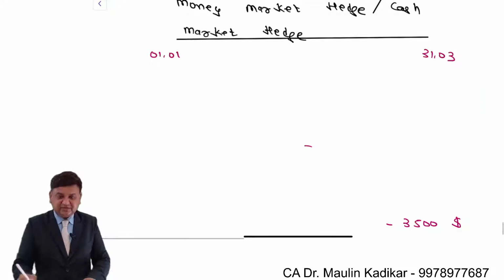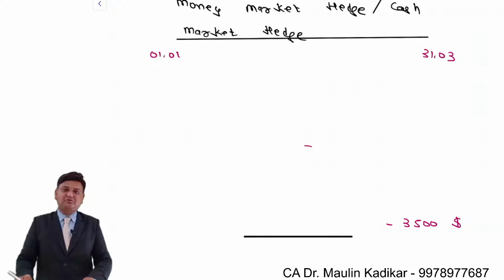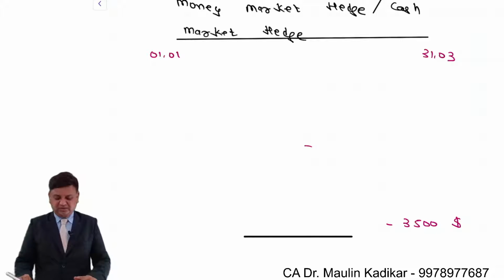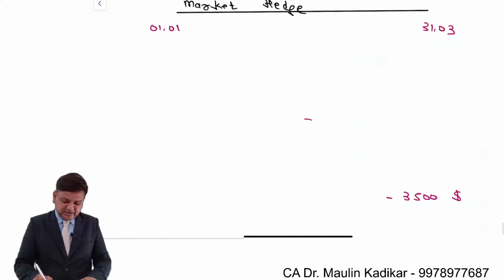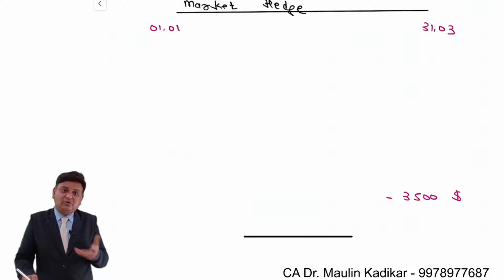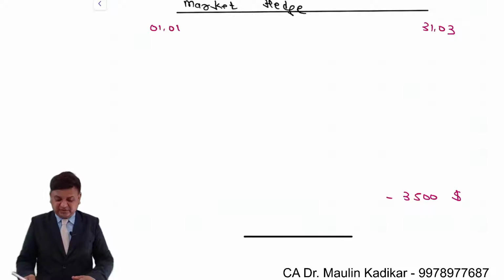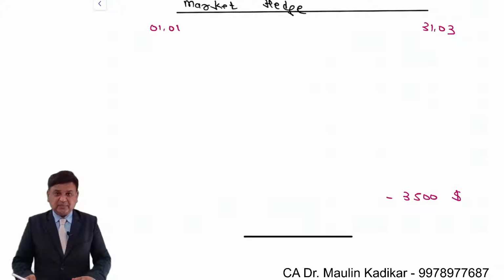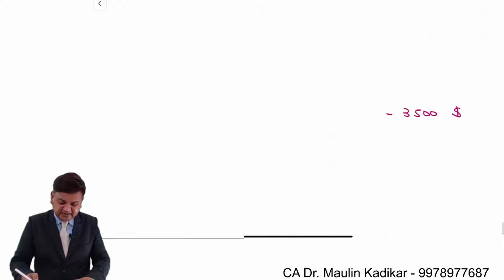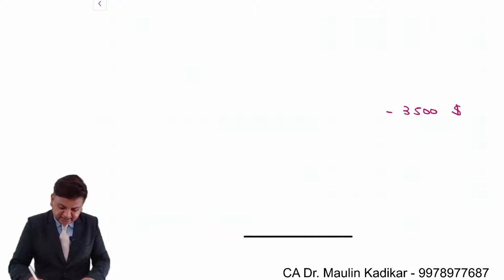The rate at which rupees will be converted to dollar is not known. So let us do something today so that we do not have to convert rupees into dollar after 3 months. Today we should do something so that at the end of 3 months we will have $3,500.